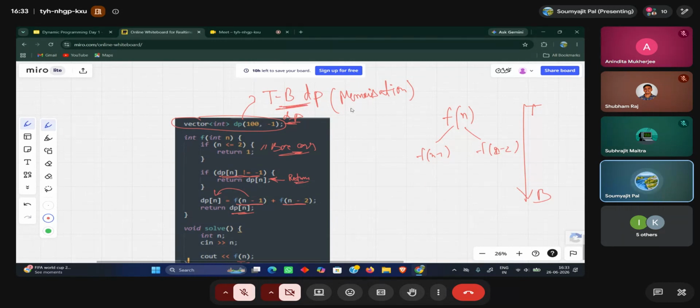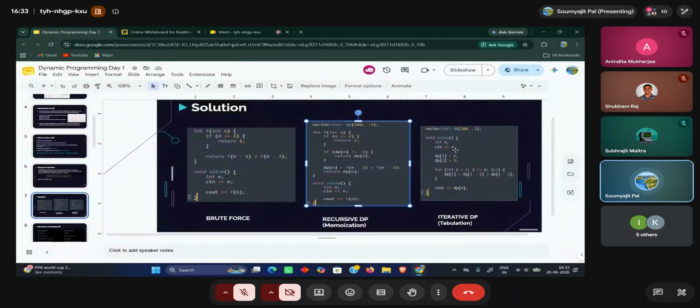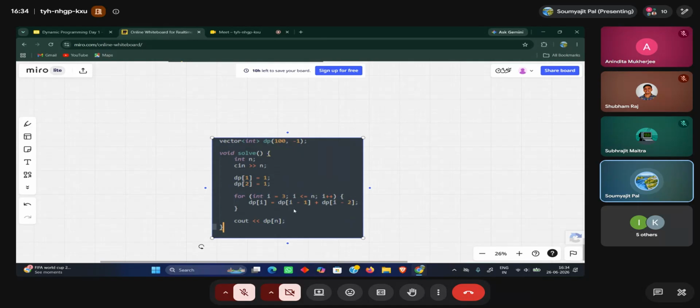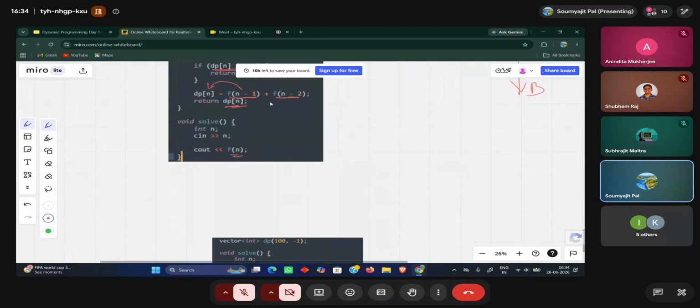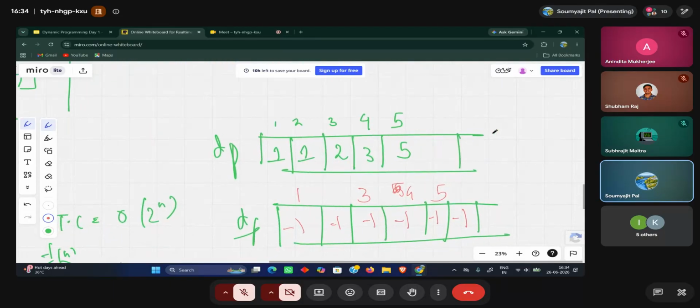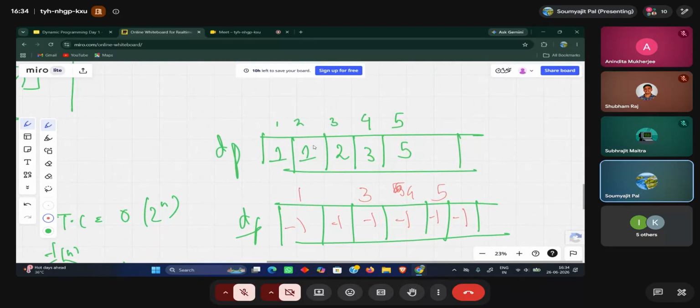Another way we can solve this problem is by iterative DP. It doesn't do recursive calls all the time. If I maintain the DP array, here you will see that DP at a particular position i is basically the sum of i minus 1 and i minus 2.